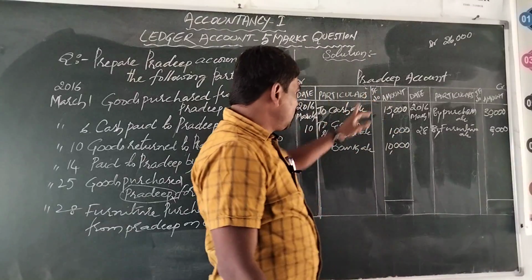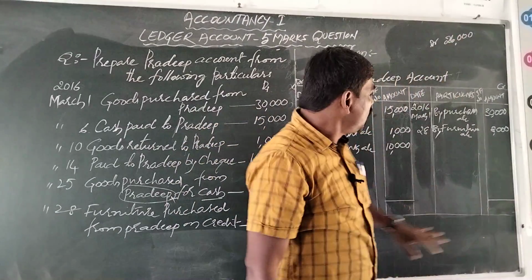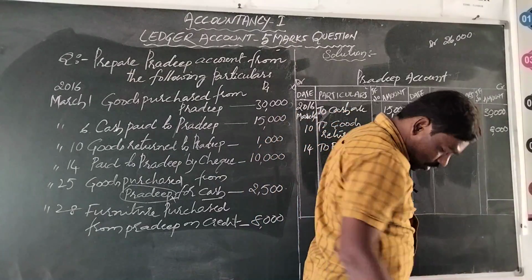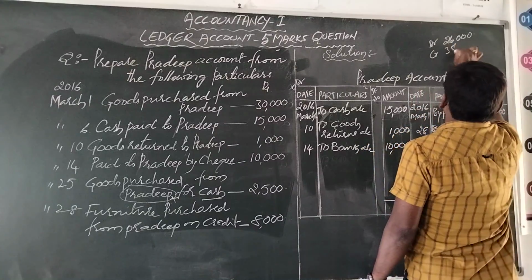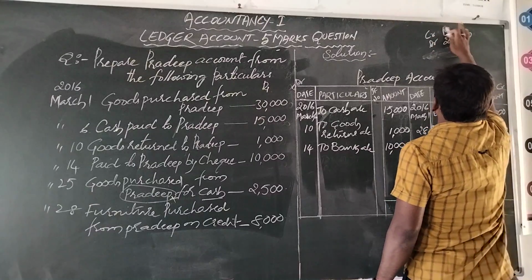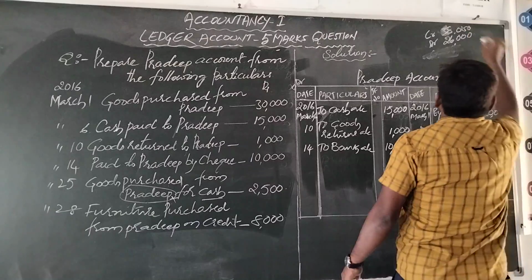The total debit amount of this account is rupees 26,000, and come to the credit side and calculate the credit total amount. If you calculate the credit total amount, that will be 38,000.